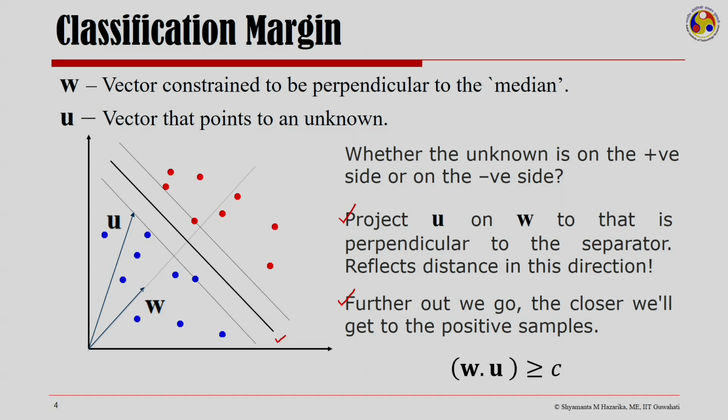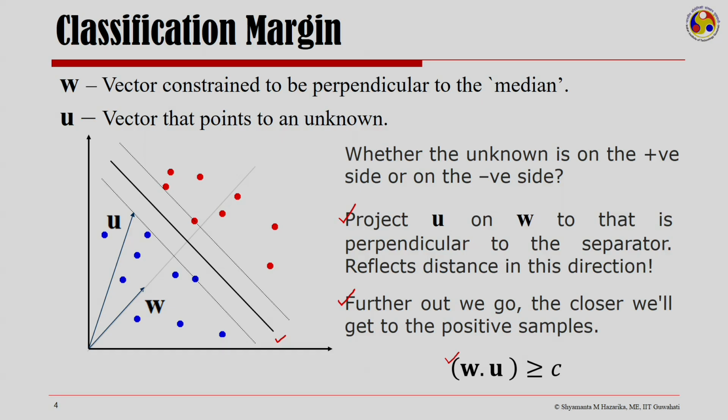And if we assume a particular constant C and somehow the dot product W dot u is greater than or equal to C, then we can think of it as nearly reaching the positives.